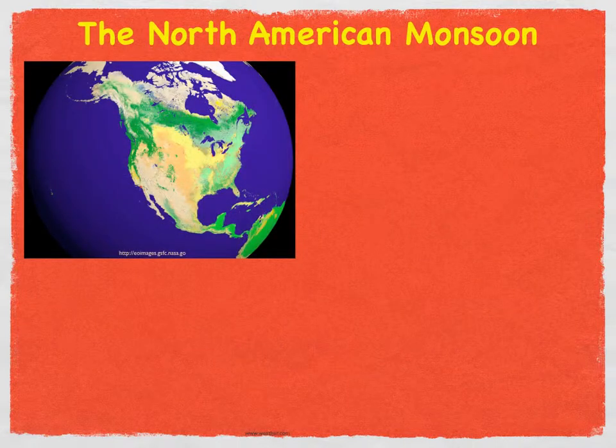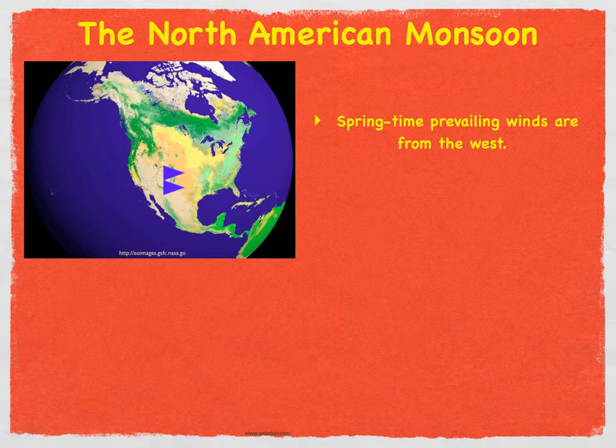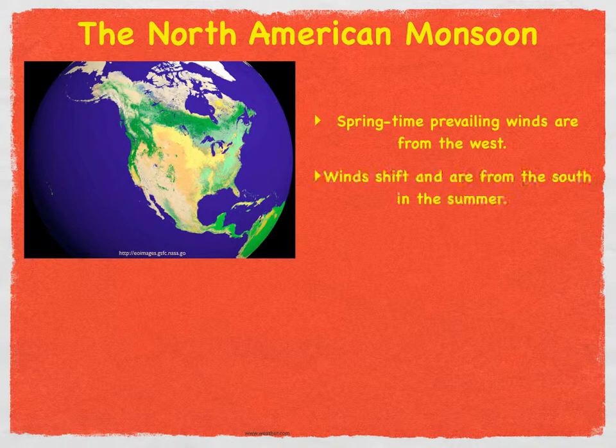Monsoons also occur in several other parts of the world, including the southwestern United States and northern Mexico. During the spring, the prevailing winds over the southwest tend to be from the west and transport dry air into the region. This changes during the summer months, when the prevailing winds are from the south.